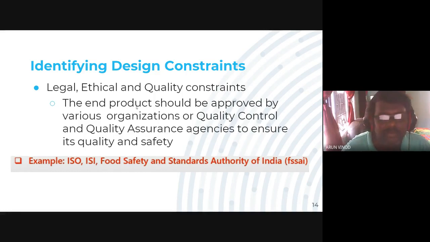There may be some quality control and quality assurance agencies, and we have to get the permission from them. The end product should be approved by various organizations or quality control and quality assurance agencies to ensure its quality and safety. Okay, so that also you have to take into design constraints: legal, ethical, and quality constraints.